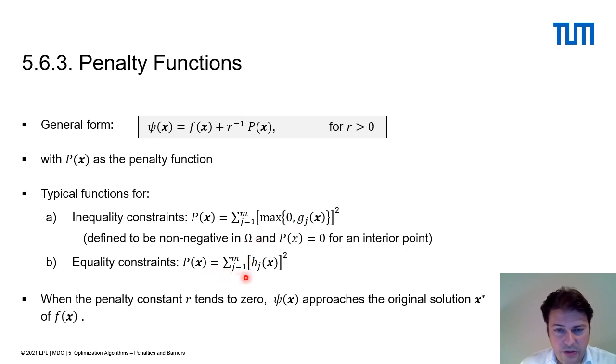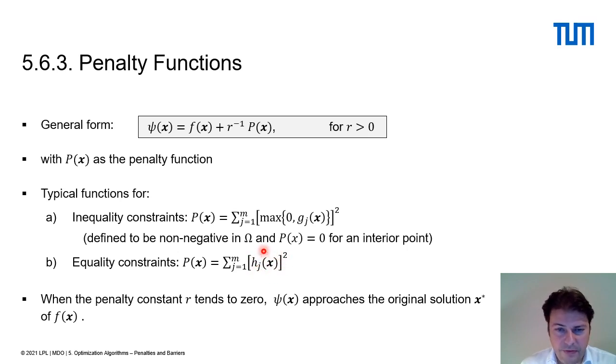There's another way to treat equality constraints, and that's straightforward. You just sum up the quadratic values of your equality constraint functions, and you penalize deviations from the feasible domain equally, whether you are on one side or the other.